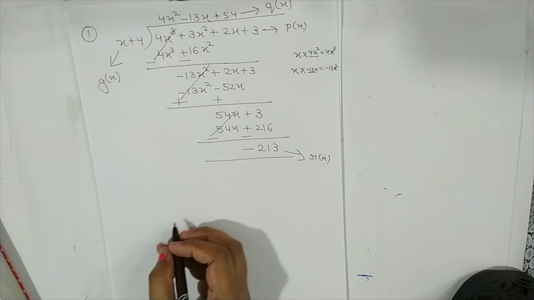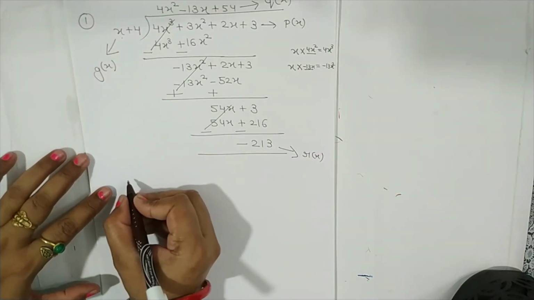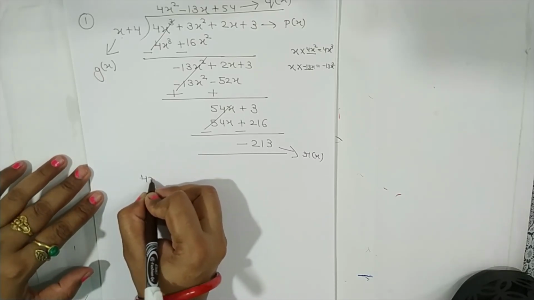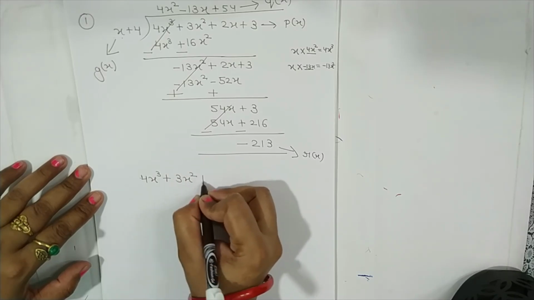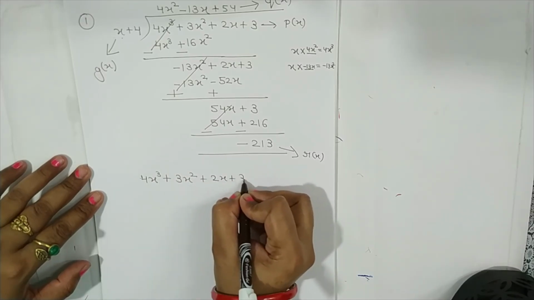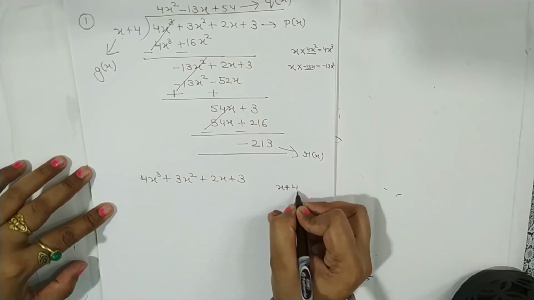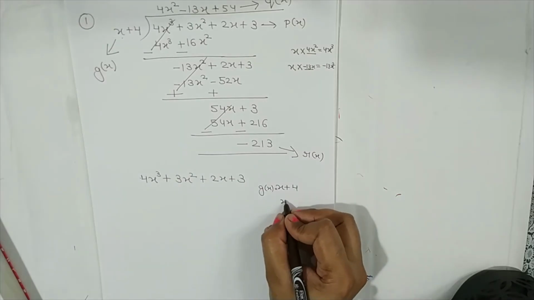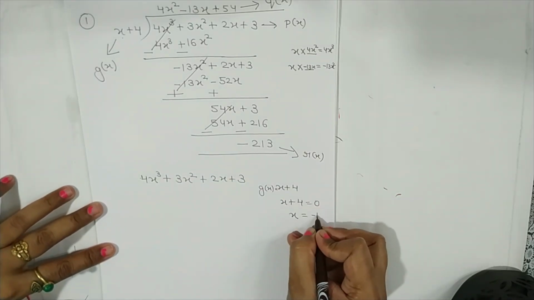Now by using the remainder theorem we find the remainder. Remainder theorem says, suppose you have to find the remainder. This is the equation, 4x cube plus 3x square plus 2x plus 3, where the divisor is given as x plus 4. You just equate it to 0. x plus 4 is equal to 0, so x is equal to minus 4.